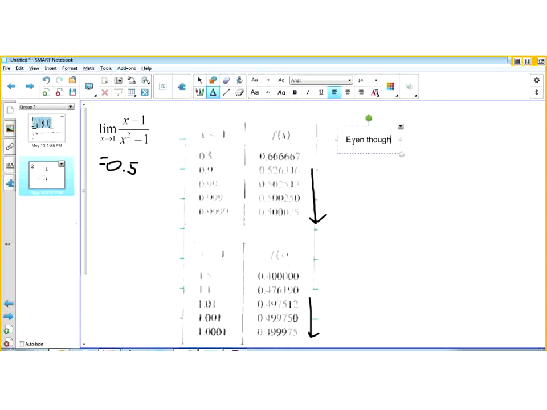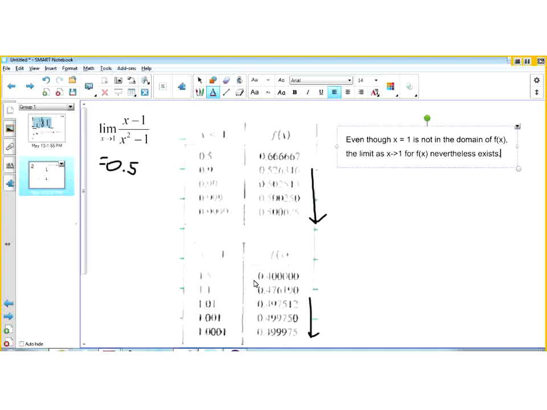Even though x equals 1 is not in the domain of f of x, the limit as x approaches 1 for f of x nevertheless exists. A function may not exist at a particular value of x, but its limit may, as in this example. Very interesting result.